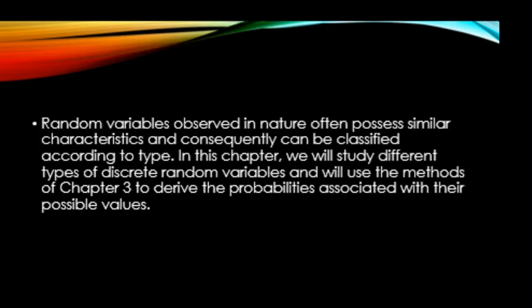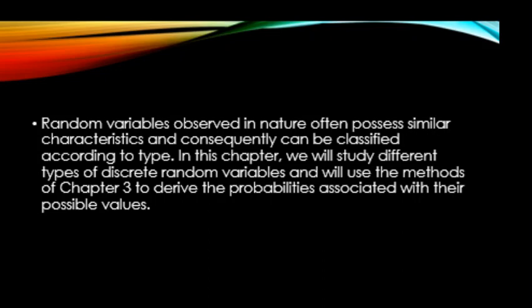In this chapter, we will discuss various experiments which can take these discrete values, and there are various discrete random variables that we can define and the probabilities associated with that. So we will look at a few distributions like the binomial distribution and the Poisson distribution. There are other distributions that can be defined.